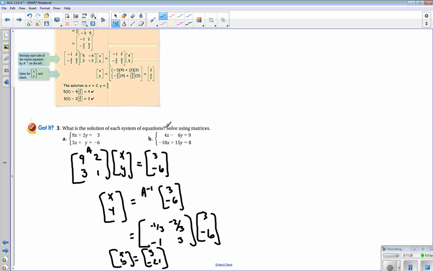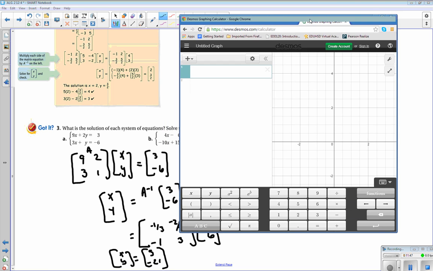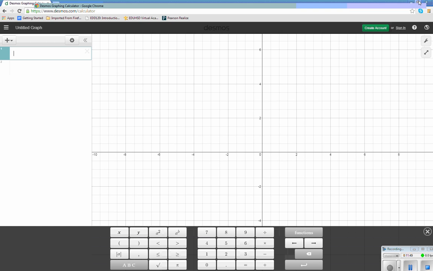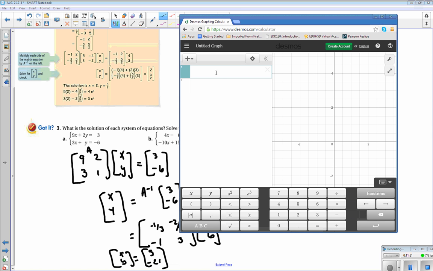If I want to double check that, I can pull up a graphing calculator. This is what I love about this place in your math career: there are multiple ways to do things, and each way can double check itself.